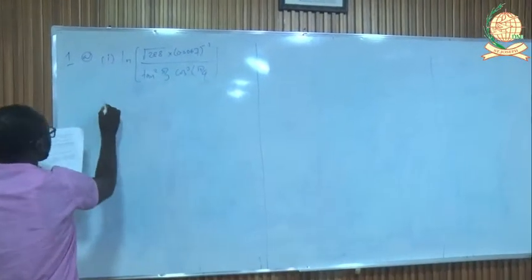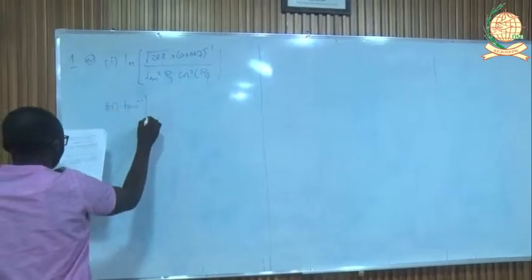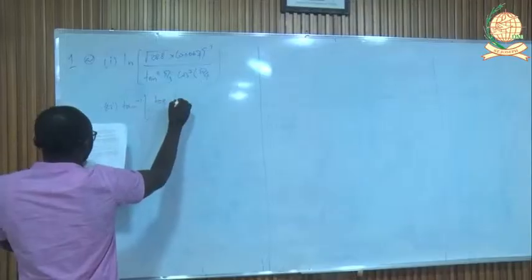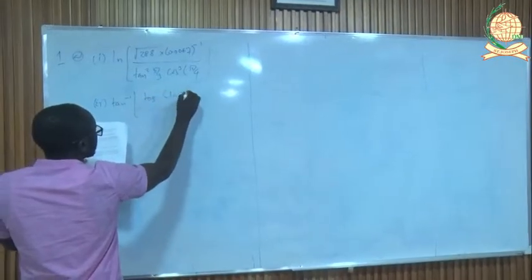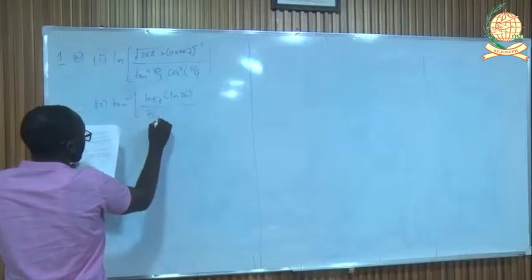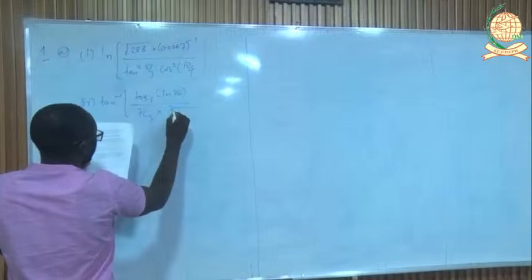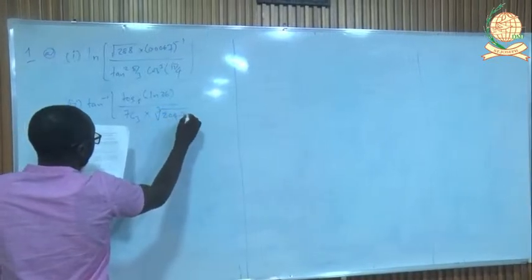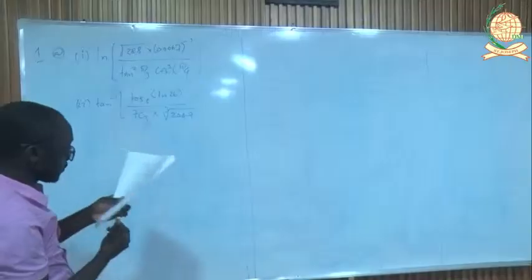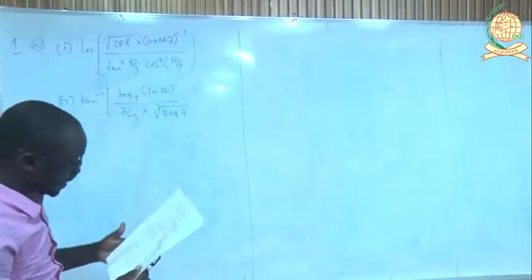And Roman 2 is the arctan of the logarithm of 26 base 5 out of 7 combination 3 times the cube root of 204.7, and you are told to write your answers from Roman 1 correct to 5 decimal places.